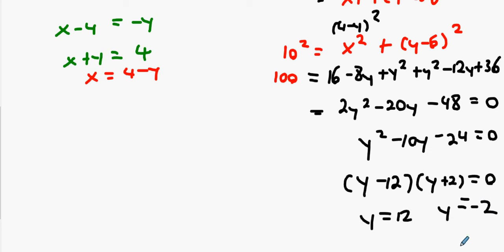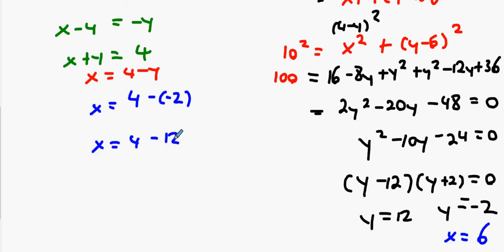Now we're going to get the x value here. x equals 4 minus minus 2, that makes x 6. And then x equals 4 minus 12, which would be x equals minus 8.